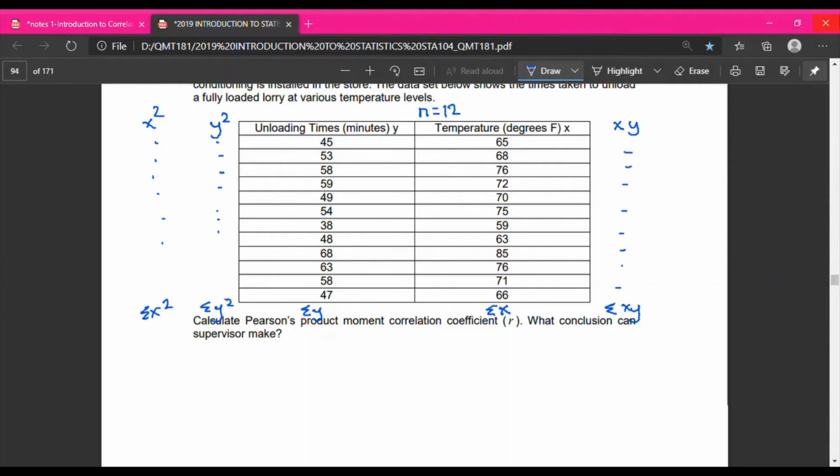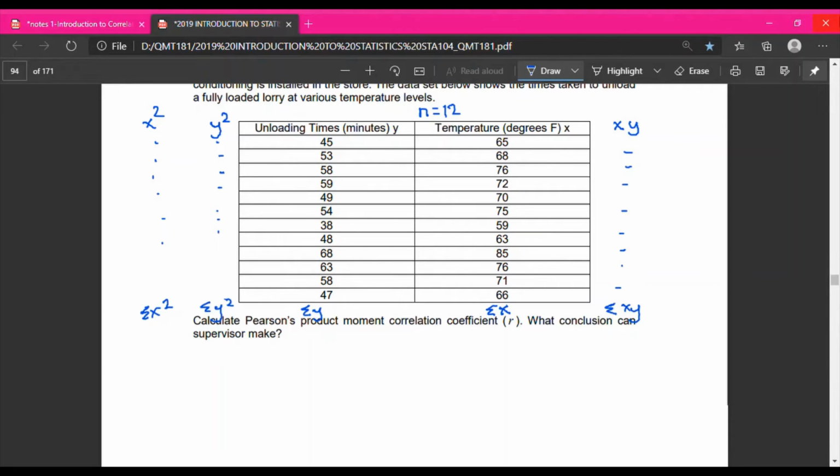Alright, so let's see. Okay, take your scientific calculator. You need to change to the mode of regression. Okay, change to regression mode, 2. Okay, and then take linear, 1.